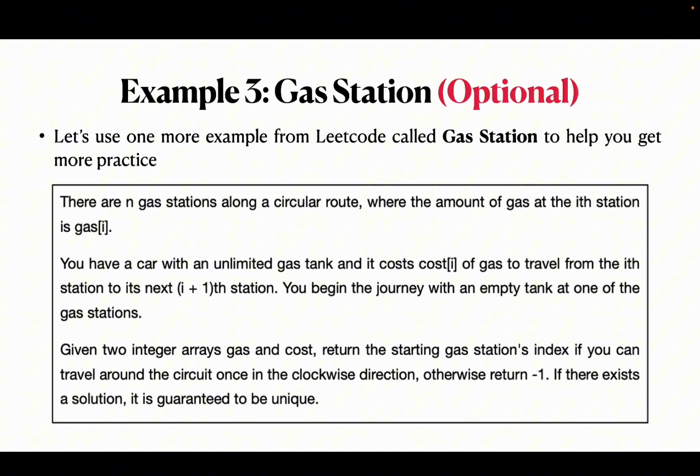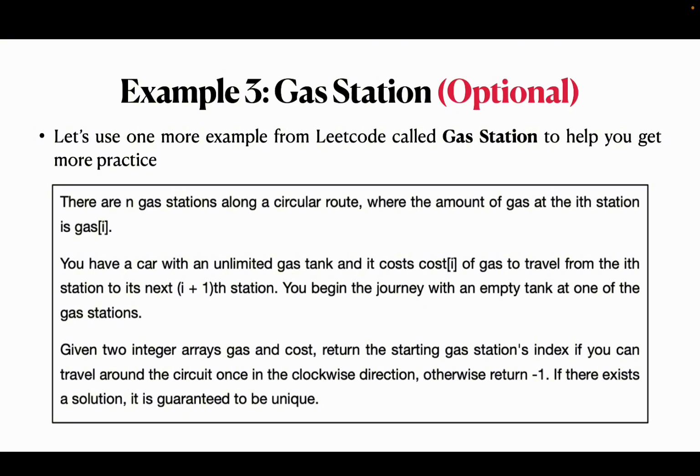Let's take a look at the description of this question. There are n gas stations along a circuit route, where the amount of gas at the i-th station is gas[i]. You have a car with an unlimited gas tank, and it costs cost[i] of gas to travel from the i-th station to its next (i+1)-th station.